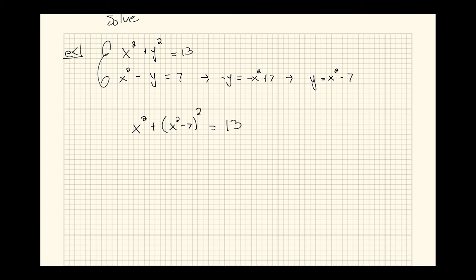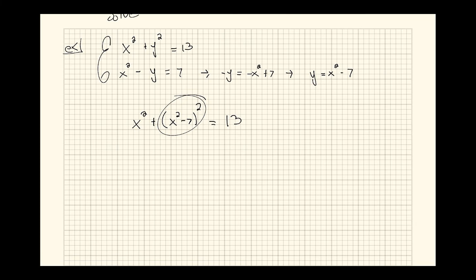Okay. Now what do I do with this here? I'm going to have to FOIL that out, actually. So let's see what I get. Oh, excuse me, I had a yawn. So let's see what I get.